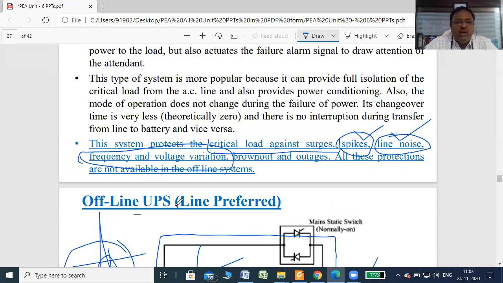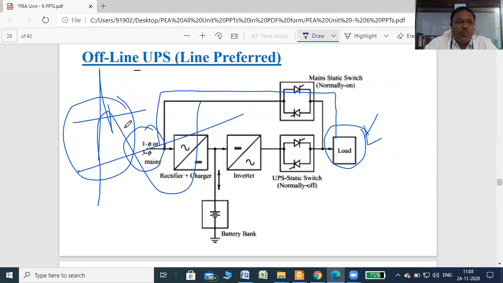See here, as we know, the supply or line frequency is a constant 50 hertz, but it may change because unwanted noise may be added into the frequency. Even the voltage is continuously variable.